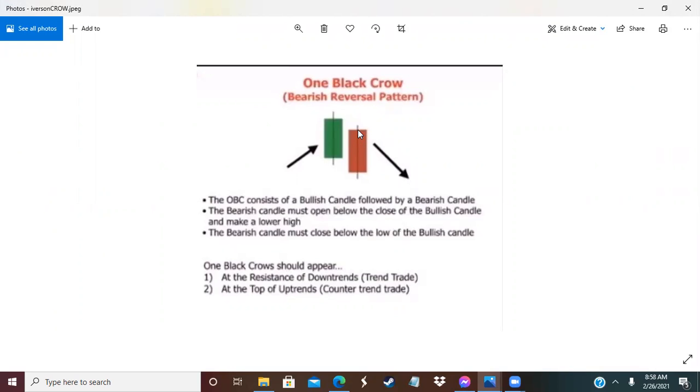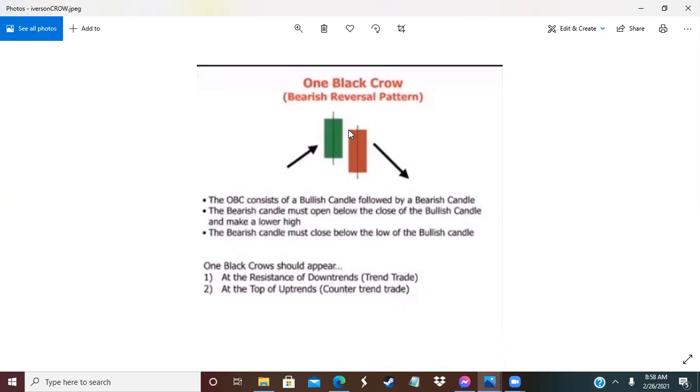Unlike those pin bars where the colors didn't matter, colors are important with these next two, this black crow and this soldier that I'm going to show you next. You need to get the colors right. There needs to be upward momentum that ends in a green candle, followed by a red candle, and then that downward trend. That reversal happens.